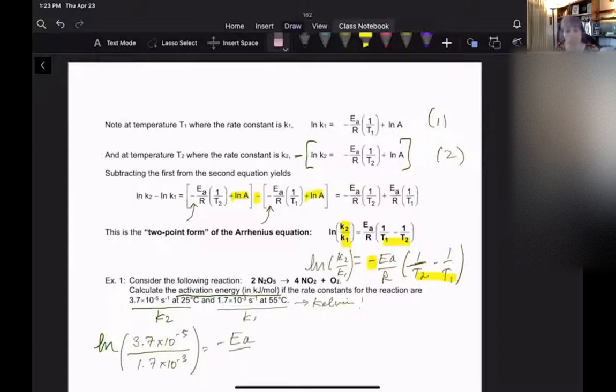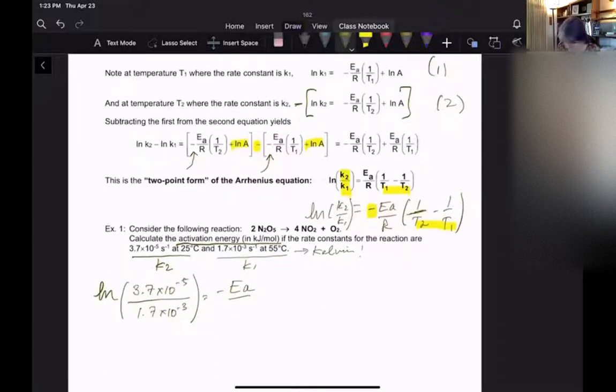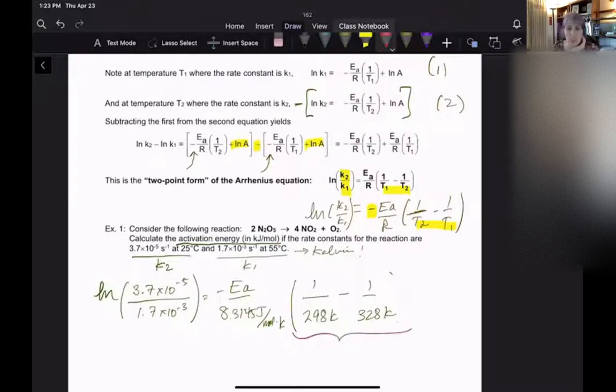It is useful to plug in your R values to make sure that you have your units correct. 8.3145. Also, I suggest that you always complete this difference of inverses in a separate step and write down that value. That can be error prone.